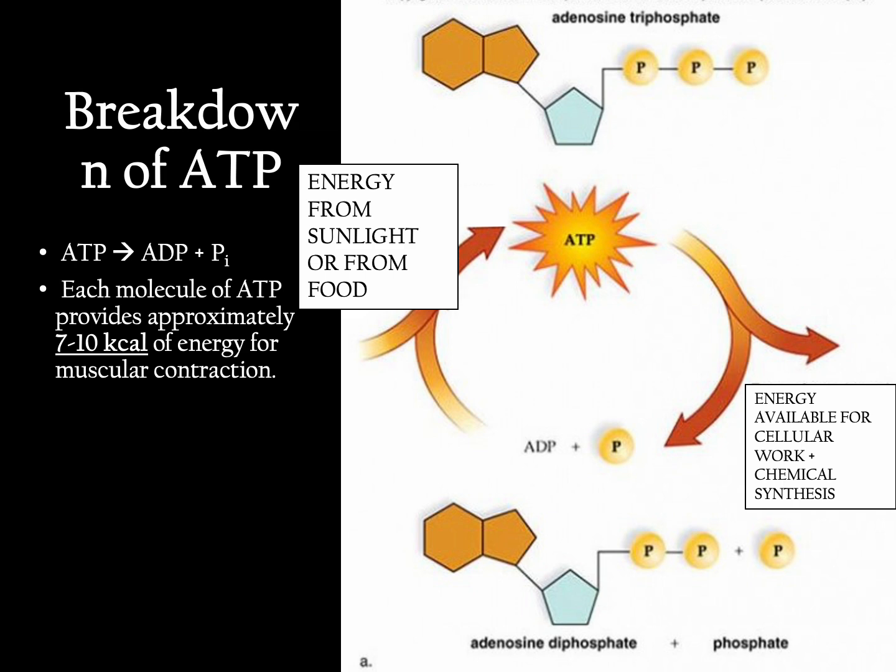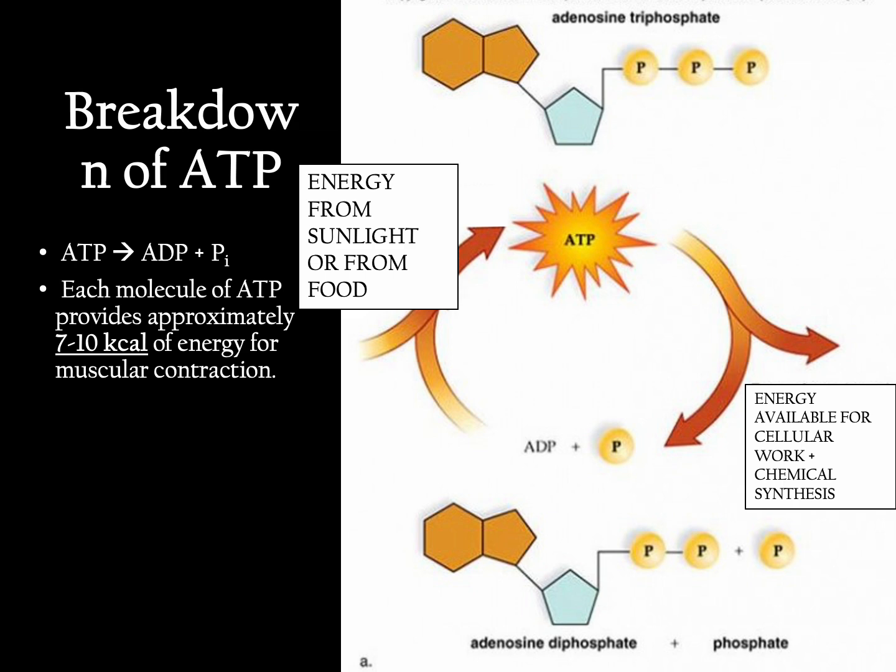So let's talk about the breakdown of ATP. ATP, right? We have 3 phosphate molecules broken down into ADP, which is diphosphate, for 2 phosphate molecules. The release or break of one of those phosphates releases energy. So energy is available for cellular work and chemical synthesis.